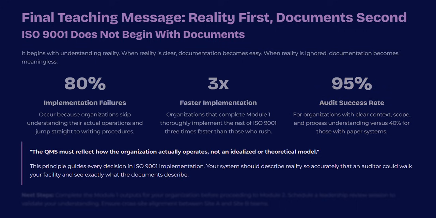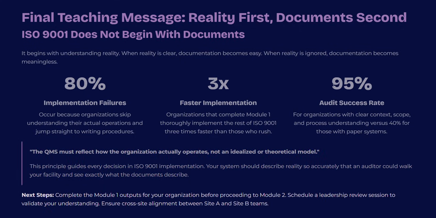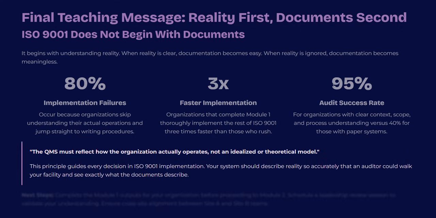The QMS must reflect how the organization actually operates, not an idealized or theoretical model. So this principle of understanding and not just theory of paper guides every decision in ISO 9001 implementation.